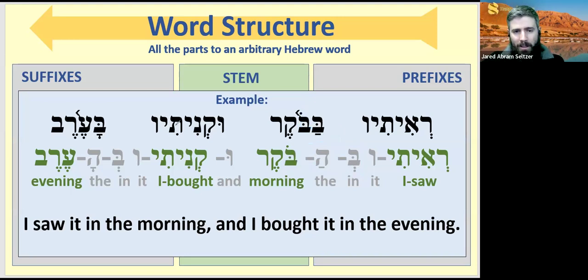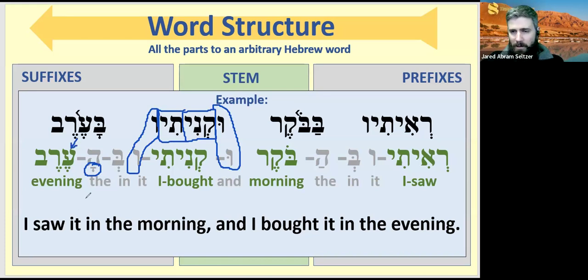Here we get uknitiv, which is very similar to this one over here, except with a conjunction prefix, and there's that vav again, which refers to him or it. And there's your root, kana, or it's actually kuf nun yod with the T suffix that says I did it. And then ba'erev, here we get b, in, ha, with a lengthened vowel because of that stinking guttural right there that always affects vowels.